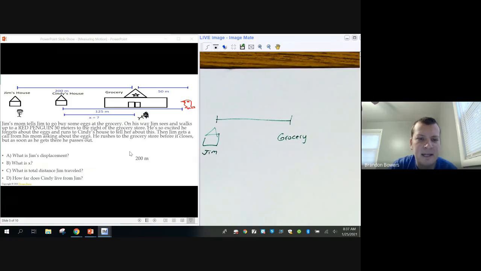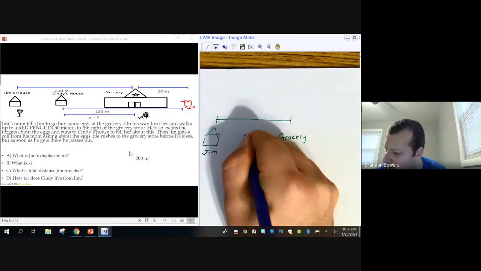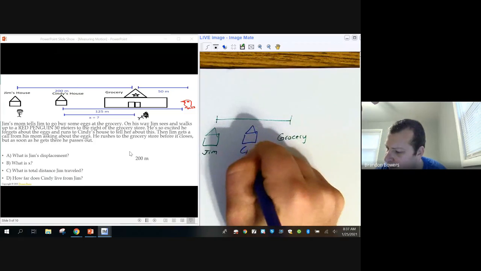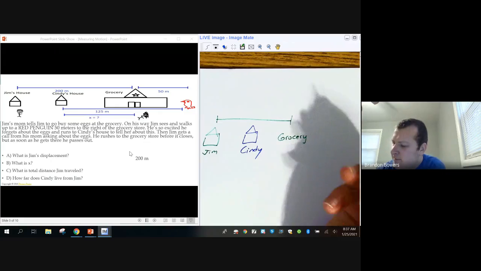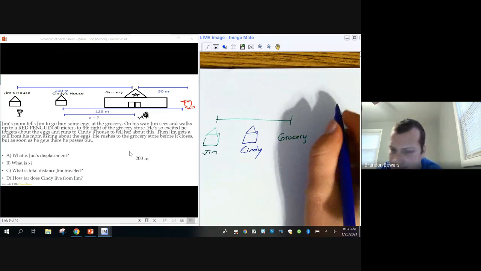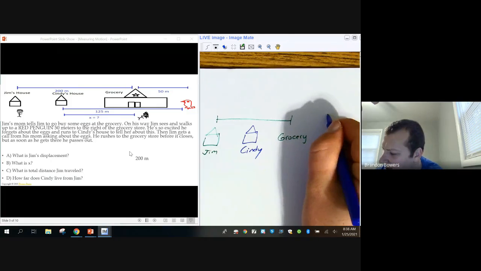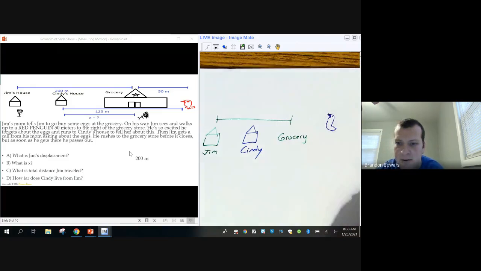Okay. Then it says, what is x? Well, this requires a little bit of thinking. All right, so we know Cindy's house is here. That's Cindy. And we know that the red penguin was over here. Oh, I'm not good at drawing. There's my penguin.